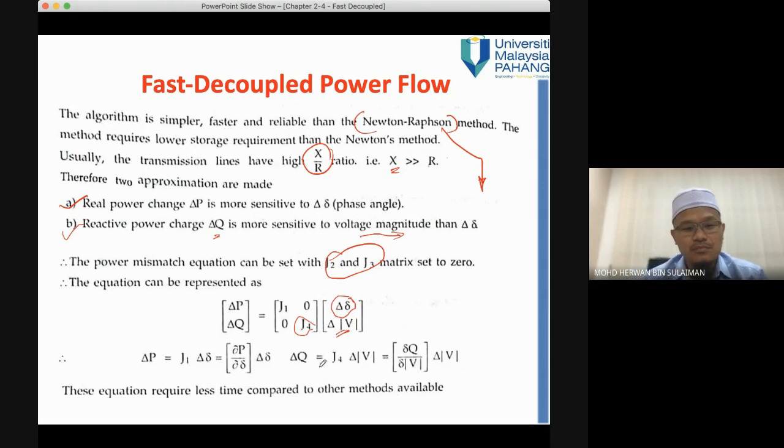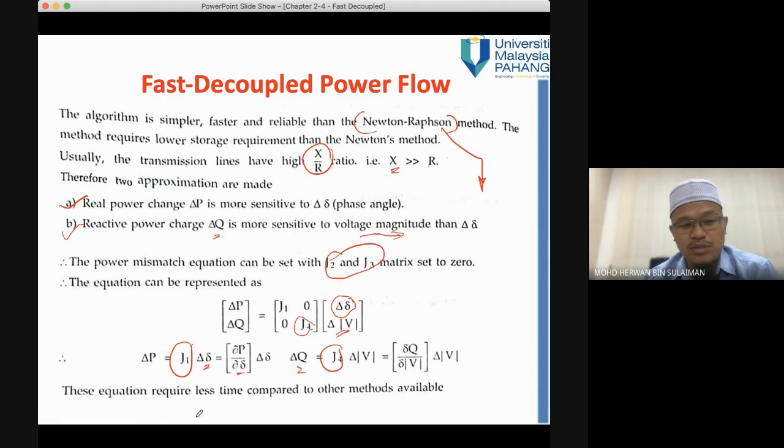So as a result you can get J1 delta theta, maknanya dia partial derivation of P with respect to phase angle, because J1 is partial derivation of P with respect to the phase angle. Okay, and then delta Q, your J4 ni biasanya you do the partial derivation of Q with respect to voltage magnitude.